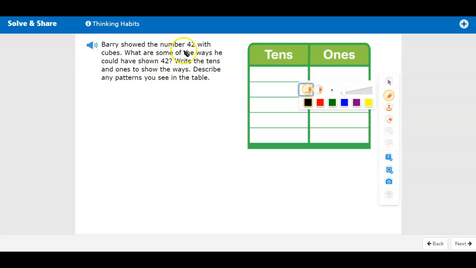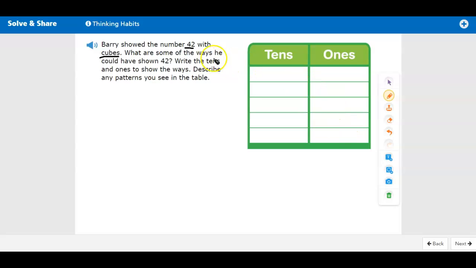It tells us that Barry showed the number 42 with cubes. That means that Barry sat and counted out 42 individual cubes. They want us to show what are some other ways that Barry could have shown the number 42. We have a tens column and a ones column.